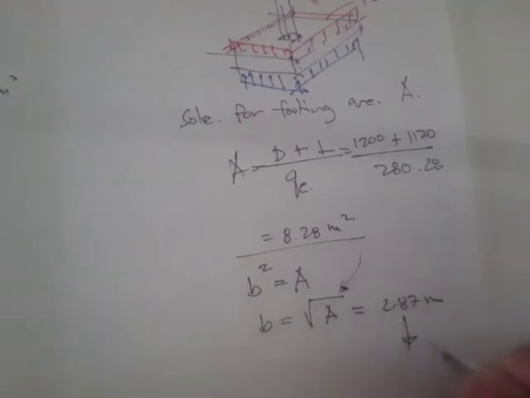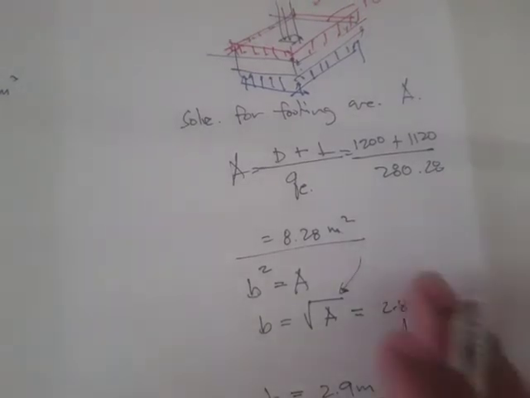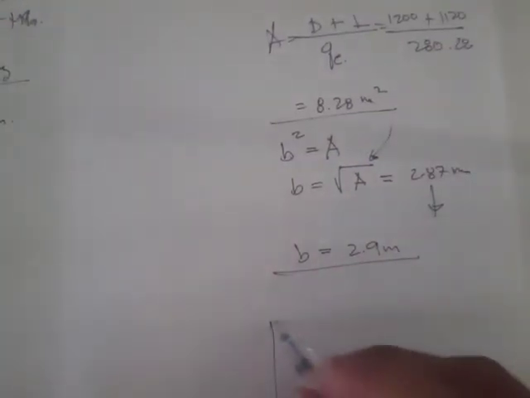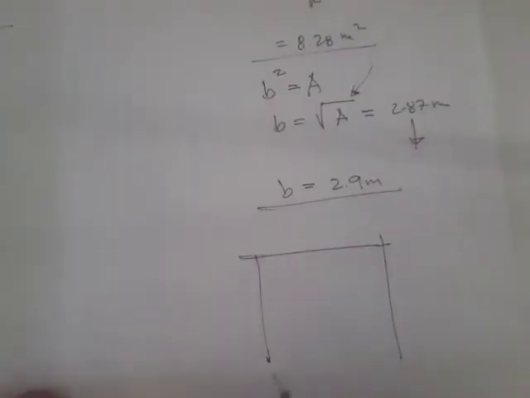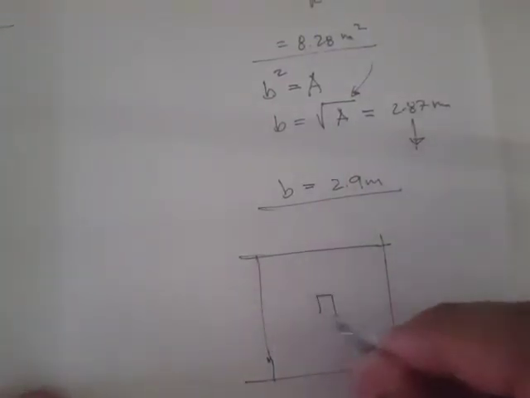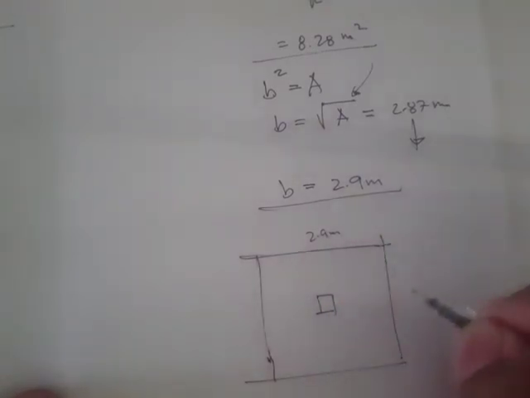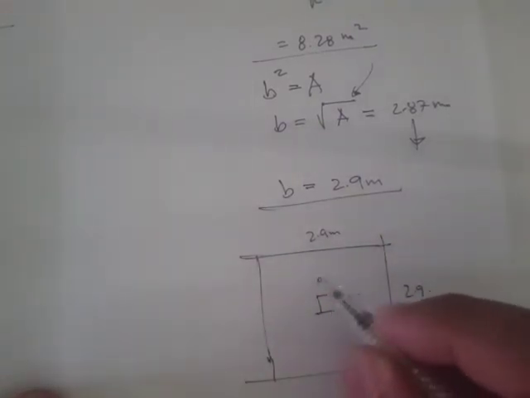Okay, so you round that up to a practical value, let's say 2.9 meters. Meaning that our footing is like this: we have it 2.9 meters by 2.9, and then this one is 0.5, this is 0.5 for the column width.